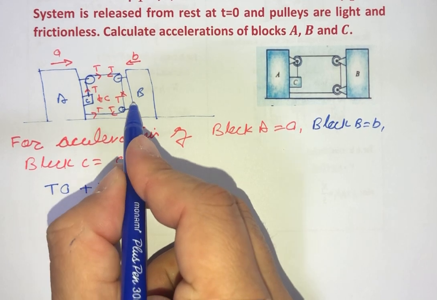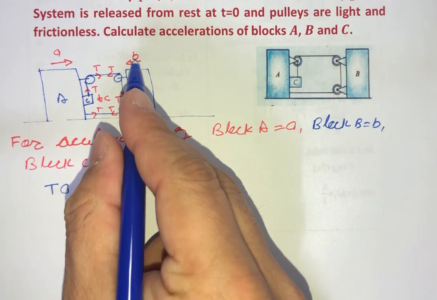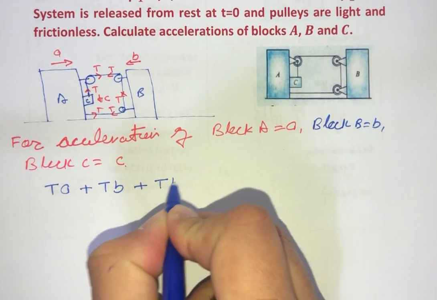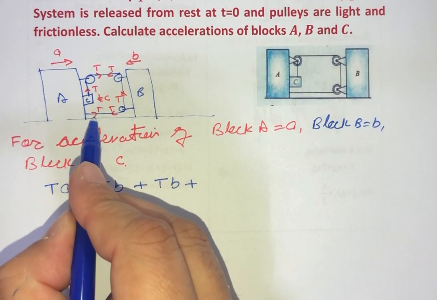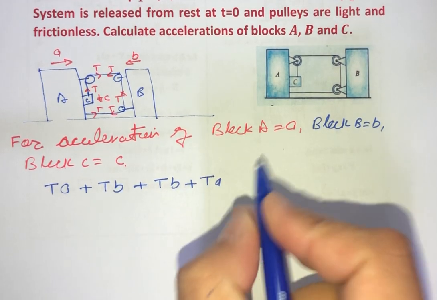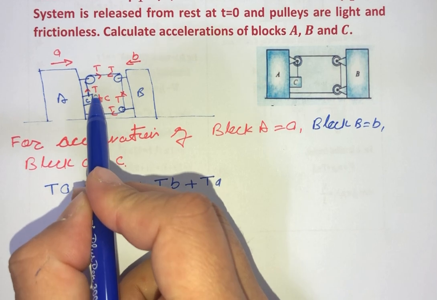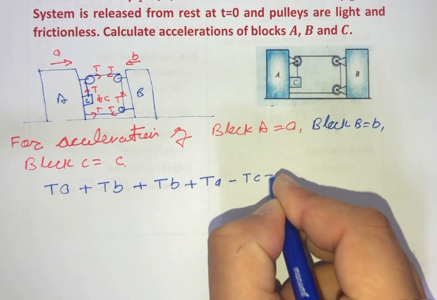And then on the bottom pulley, once again the direction of tension and acceleration for B is the same, so this will be TB, plus for block A the tension and acceleration direction is the same, so this will be TA, and for C the acceleration is in the downward direction and the tension in the upward direction, so this will be minus TC, equal to 0.